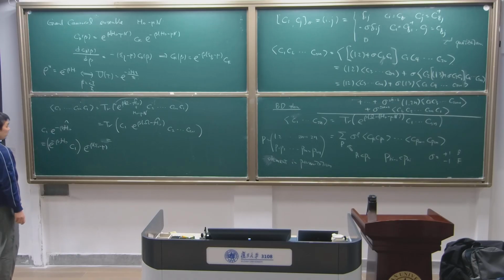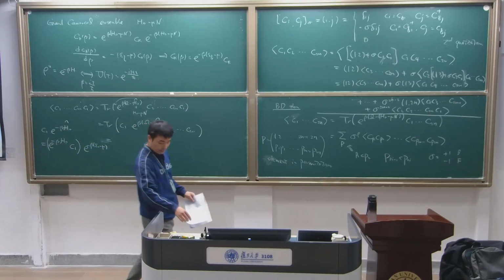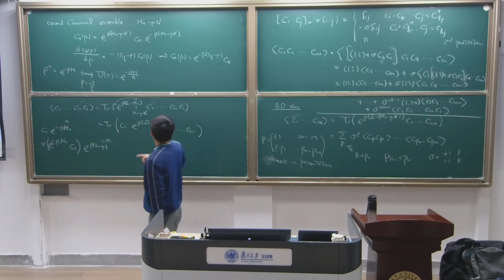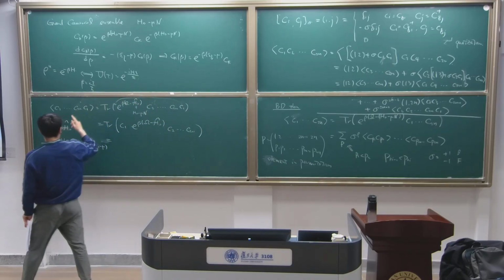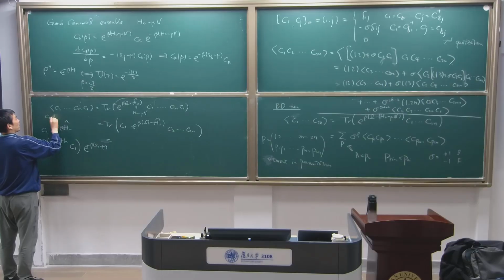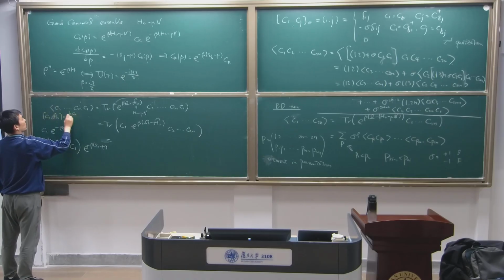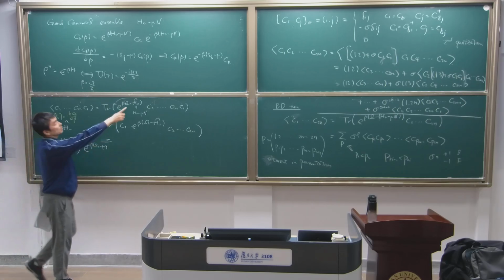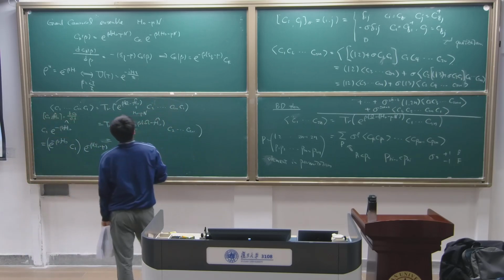Okay. So, and then if you add the dagger, so okay, it's a computation. Essentially, C1 and Charlie H naught is given by C1 dagger. Therefore, if you use this one, you will get exactly this quantity.